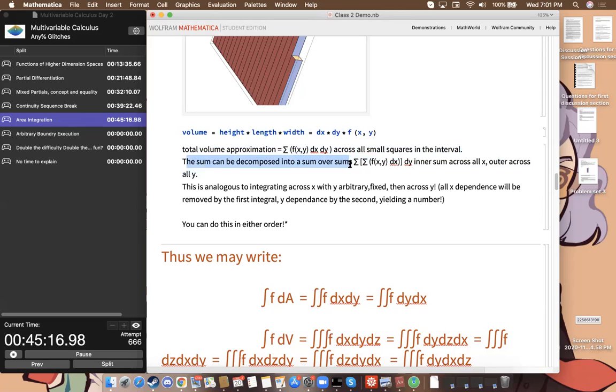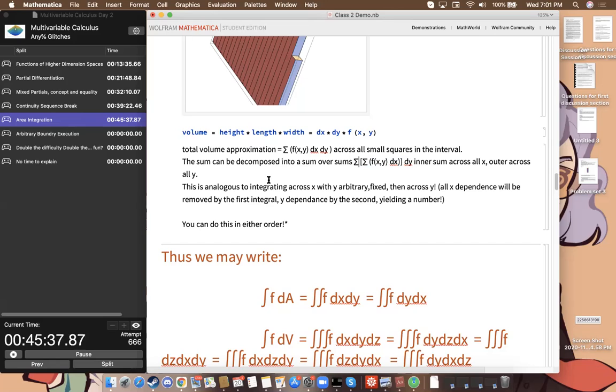And then we decompose that sum into the sum of sums, right? We sum over x, and then we step out and notice that this is a function of y, and we sum across all possible values of y. So we take the inner sum across x, outer sum across all y.